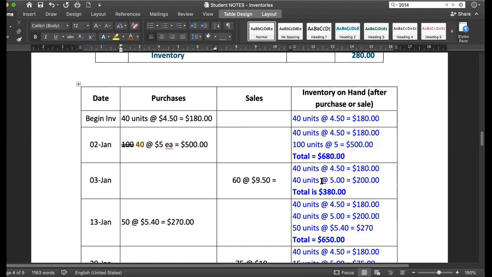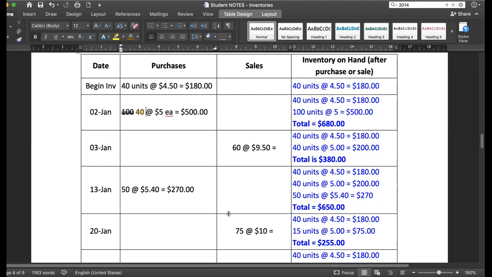So understand that this is the cost. It's not necessarily these exact 40 units and those exact 40 units. More than likely, from the physical flow, of course, it makes sense to sell the earlier units first. But the cost that will be assigned to the units is going to be based upon last in, first out.